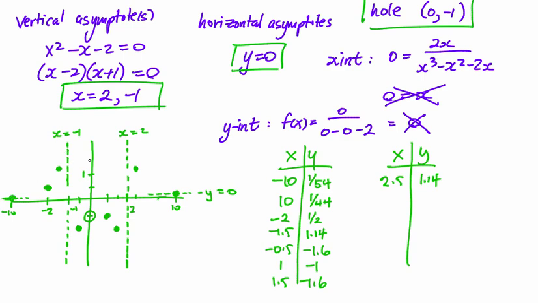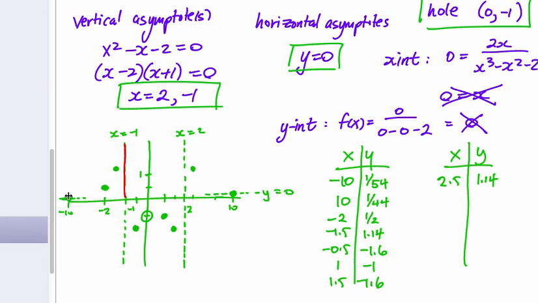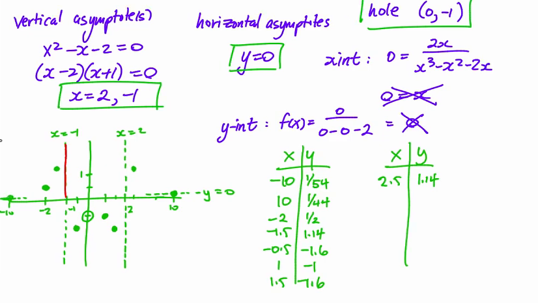So in this, you can kind of separate this into zones. So in this zone here, we can play connect the dots, and I get a curve that looks something like this. I know it's got an asymptote on each end, and then the next zone is kind of in here, and play connect the dots in here.